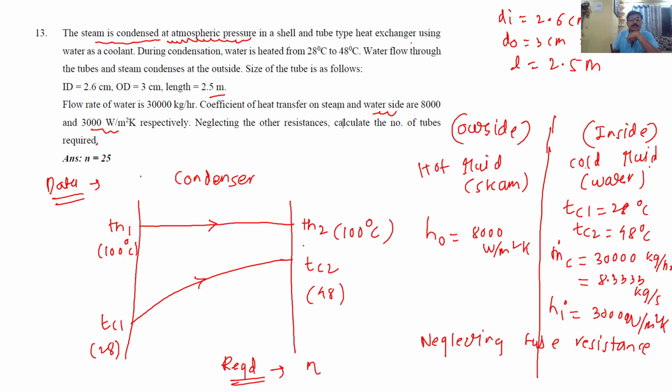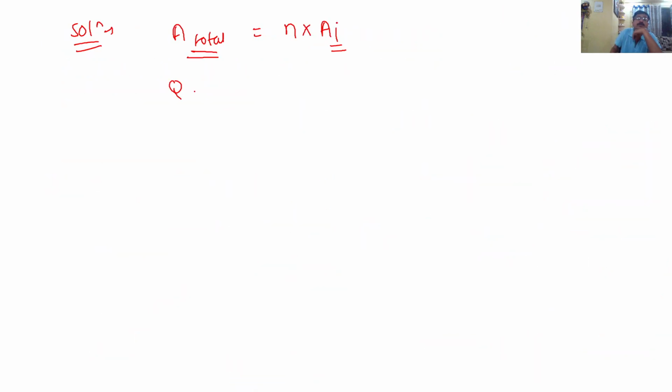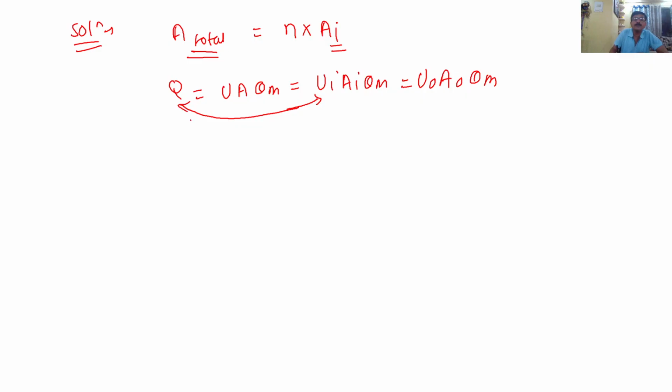As 4 temperatures are given, we can use the LMTD approach. So Q is equal to U A theta M. In this formula, there is Ui Ai theta M, and there is Uo Ao theta M. Now, as the dimensions of the tubes are given, you have to use either this formula or this formula.